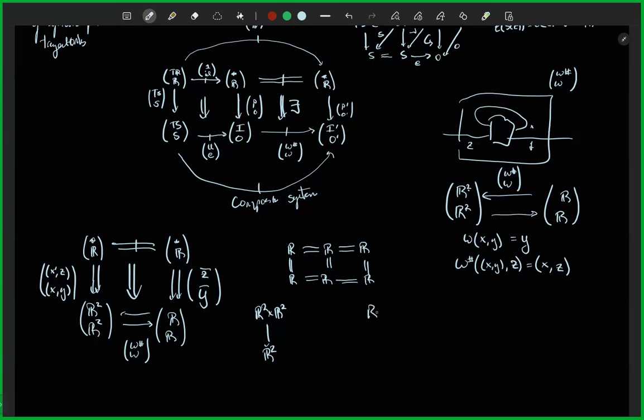And over here, I have R times R for R. And then here I have R squared, and this is W. Then I take W star, and I can compute that one, because that's a product. It's pretty easy to show that this is just R squared times R. Here, it's a pullback, and then my map here is my W sharp. Well, that's actually only the second component of my map there. It's actually also the projection.